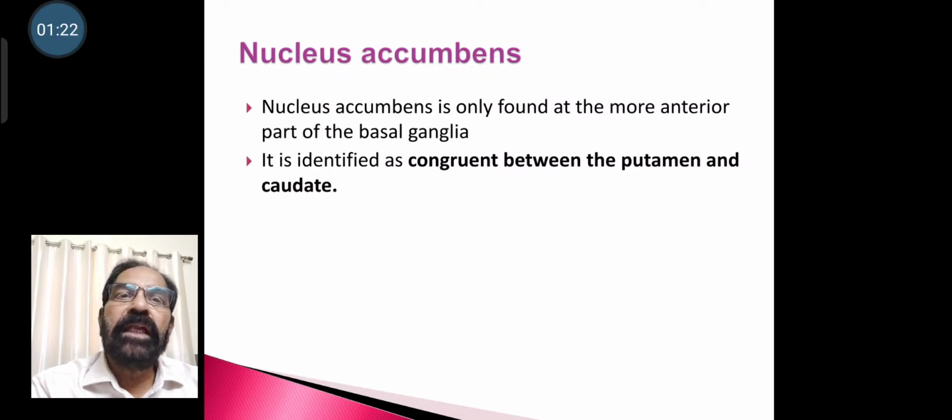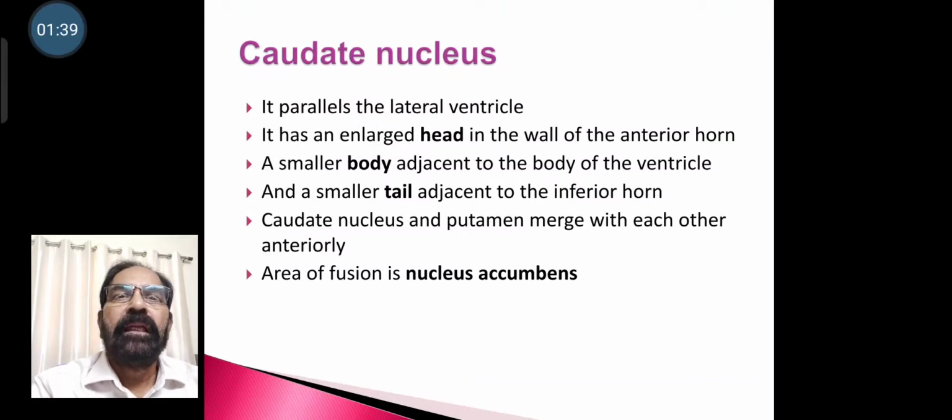Nucleus accumbens. Nucleus accumbens is only found at the most anterior part of the basal ganglia. It is identified as the area between the putamen and caudate nucleus. Caudate nucleus. It parallels the lateral ventricle.